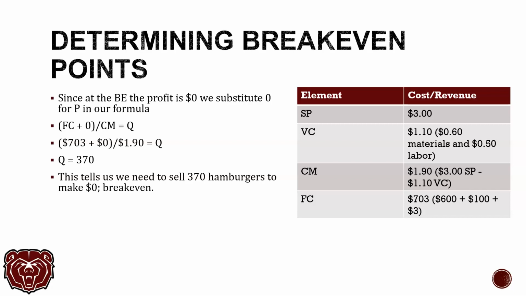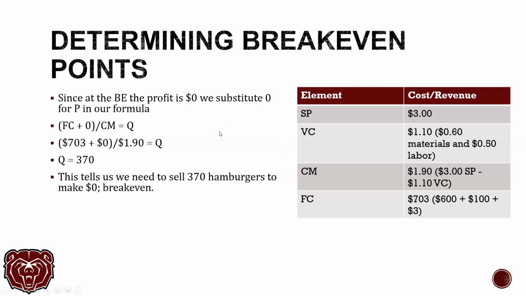So we have fixed cost plus 0 divided by our contribution margin equals our units. Now this is very simple. $703 is our fixed cost plus $0 profit. The sum of that divided by $1.90 equals the quantity of units we need to sell. The quantity happens to be 370 hamburgers. This tells us that we need to sell 370 hamburgers to make $0. That is our break-even point in units.